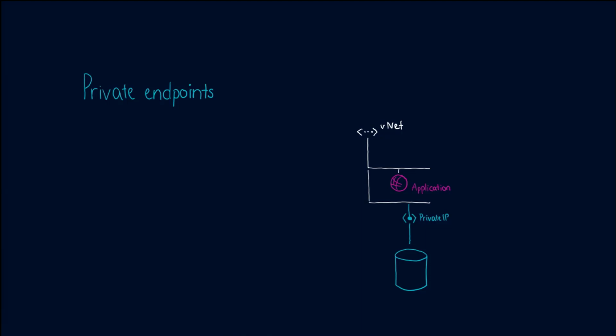So from any subnet in that same VNet. But also, if you have another VNet and your application is running in there, you can set up peering, and then that other application can also reach your database using that same private endpoint.